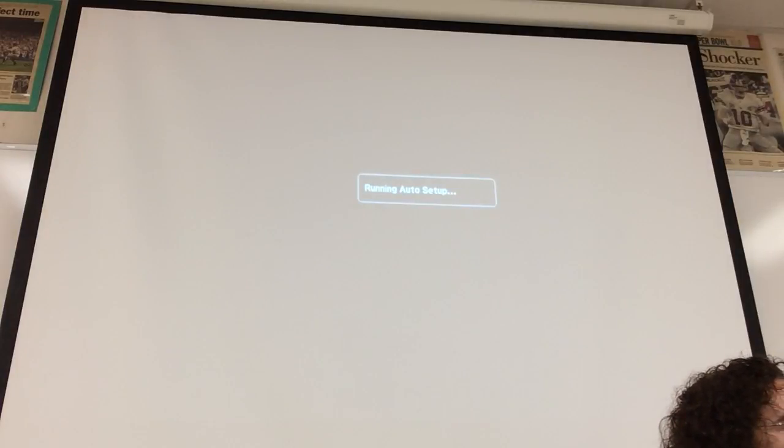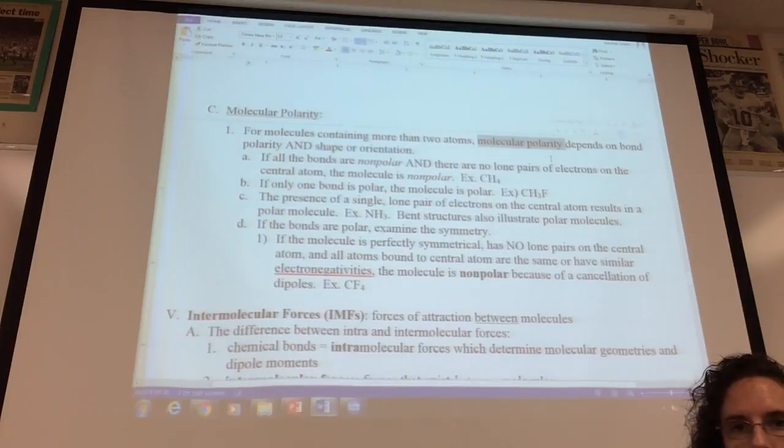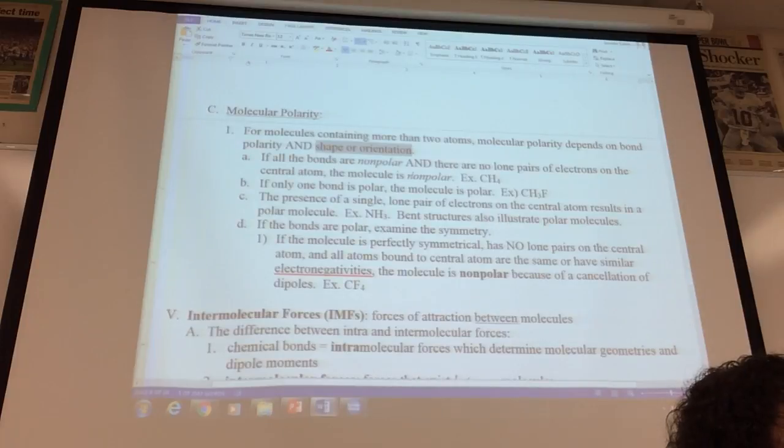Okay, all right. So it says if the molecule contains more than 2 atoms, the molecular polarity depends on the bond polarity as well as the shape of the molecule. So we've got to look at both criteria.